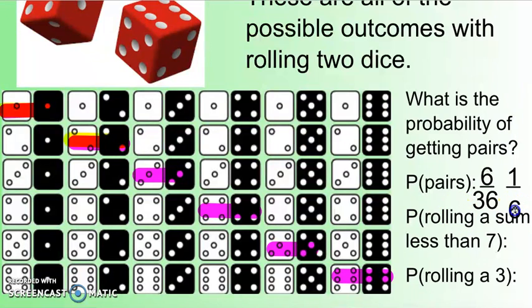doubles or pairs. Now we're rolling a sum of less than 7. That means if I add these pairs together, they're less than 7. Okay, so let's do a different color. Well, this is less than 7. That's 1 plus 1 is 2. That's 3, 4, 5, 6. But that one adds up to 7, so that doesn't work.